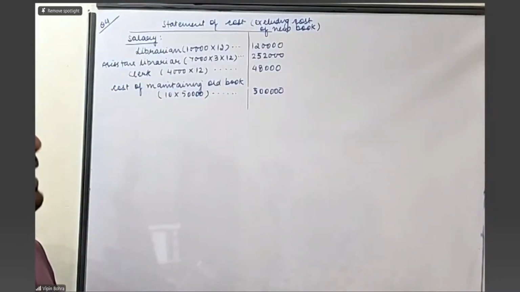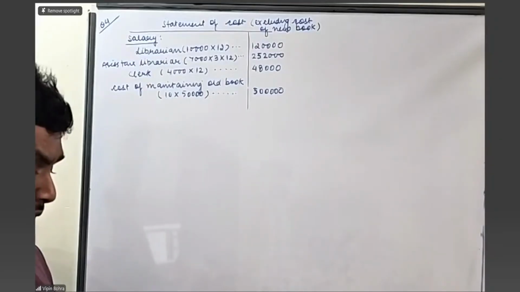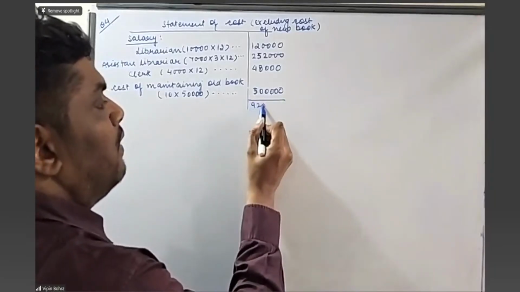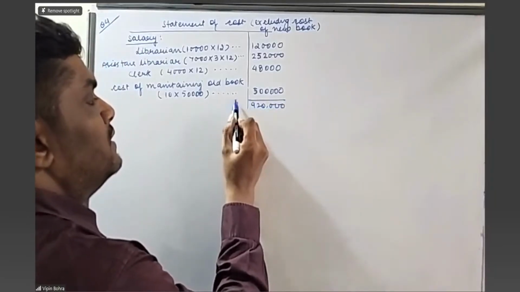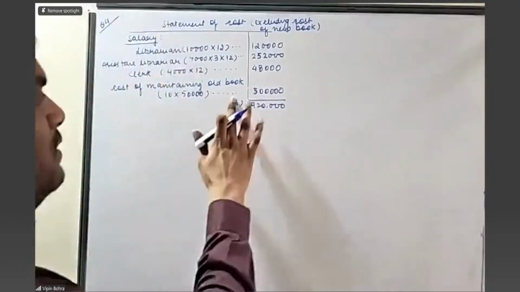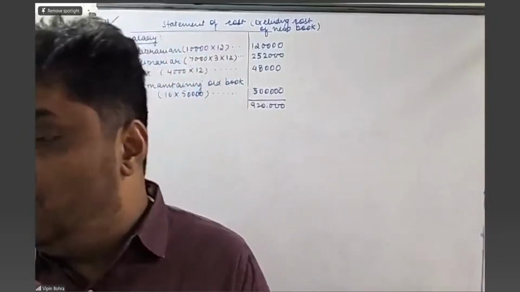So 120 plus 2,52,000 plus 48,000 plus 5 lakh. So it comes to 9,20,000. So this is the answer for part number 1. That is basically the cost of operating the library, excluding the cost of new books.